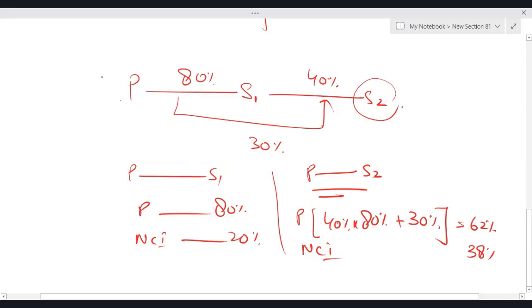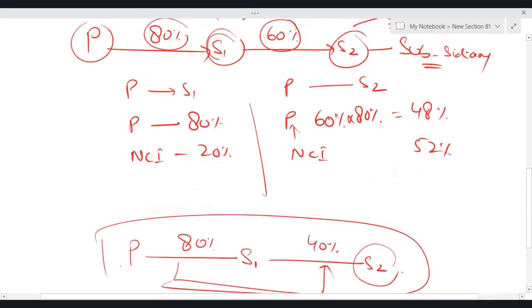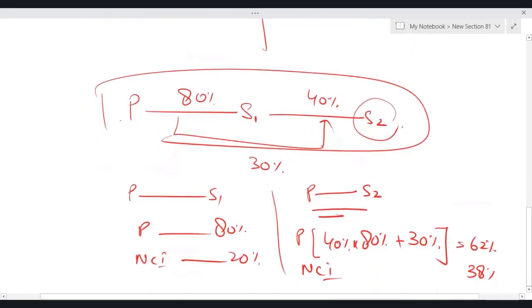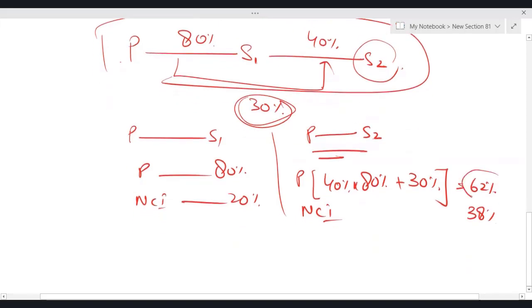There's a difference between this group structure and the first one. In the first one, S2 was a subsidiary for the ultimate parent because S2 was a subsidiary for S1. Right now, S2 is not a subsidiary for S1 at all. Due to parent's direct holding of 30%, and an effective holding of 40 and 80, the combined holding has become more than 50. That is why S2 has become an indirect subsidiary for the parent.